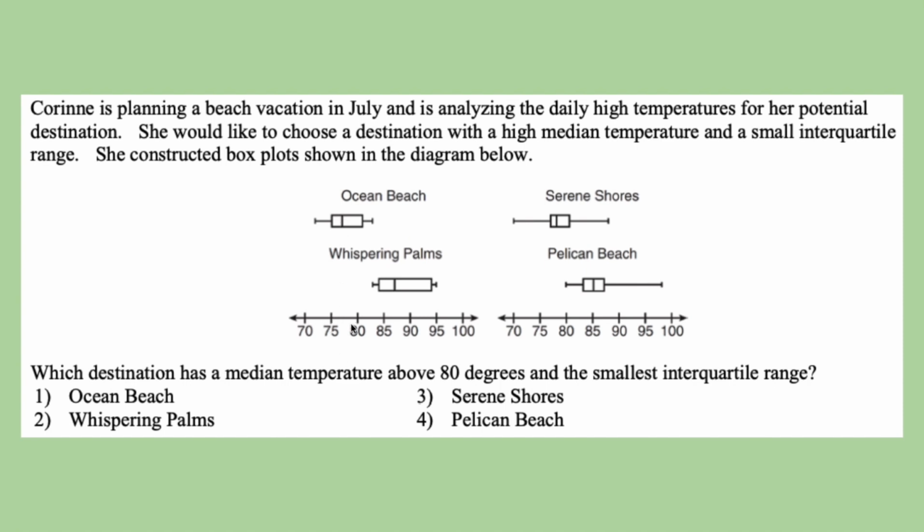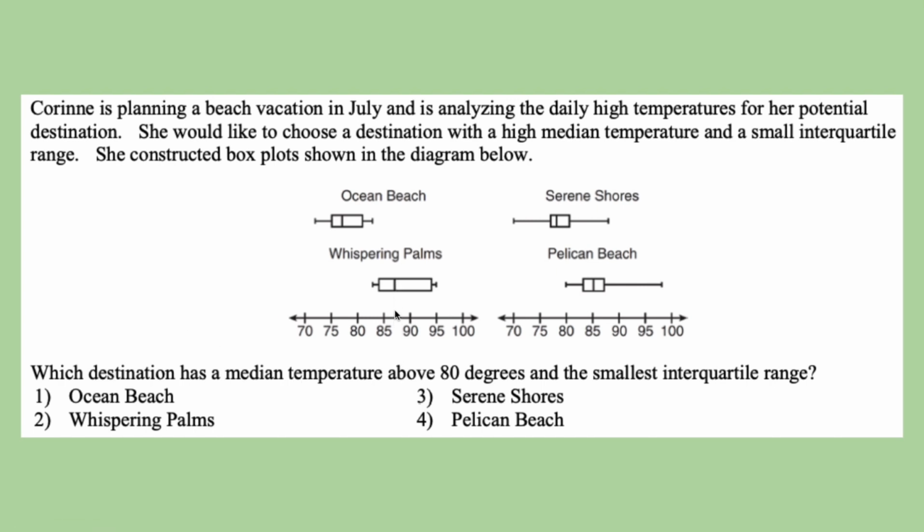It's between 75 and 80. So we know already that this would not be the answer because they want a median over 80 degrees. Serene Shores also has one less than 80 degrees. So we know that Serene Shores and Ocean Beach are out. So 1 and 3 are already out.